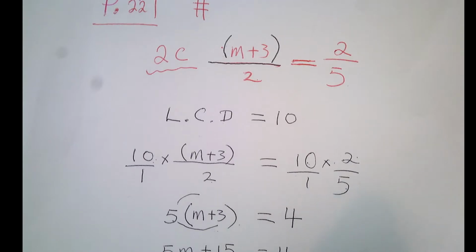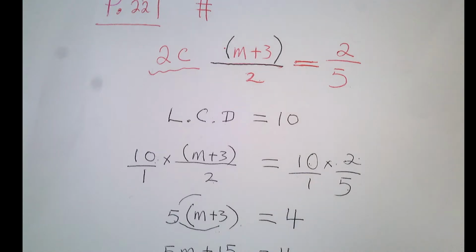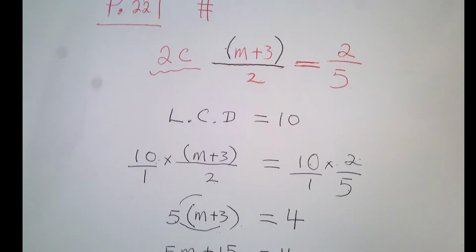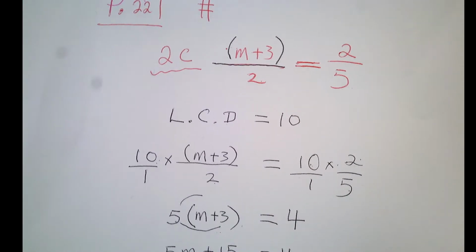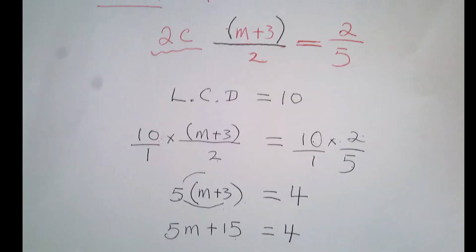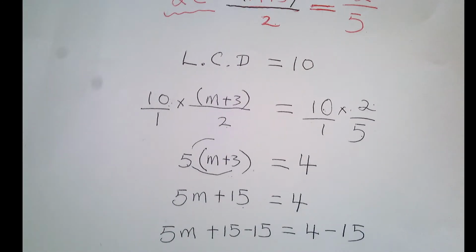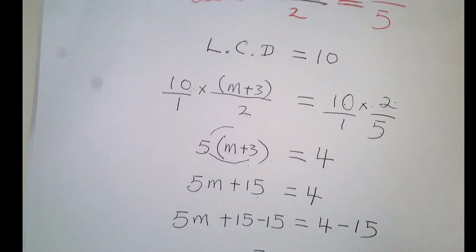5m. Then both sides divide by 5. So m is equal to negative 11 over 5.